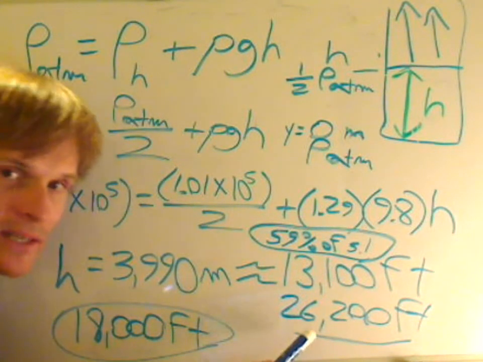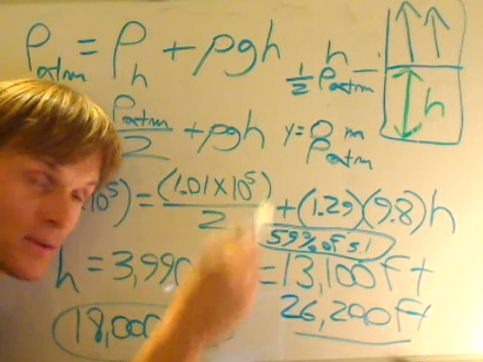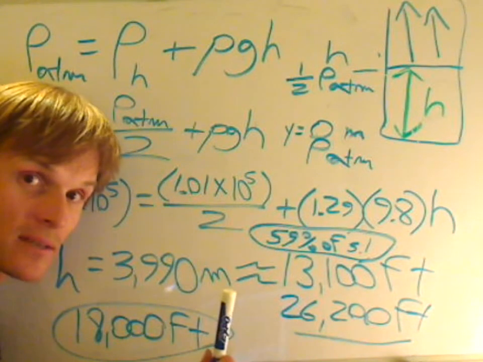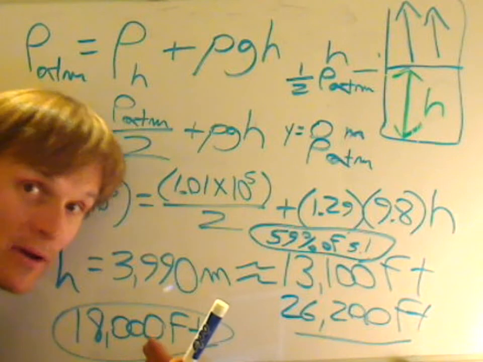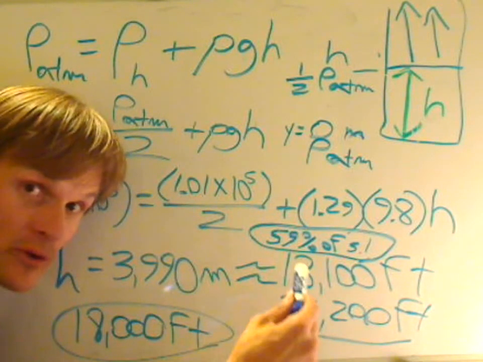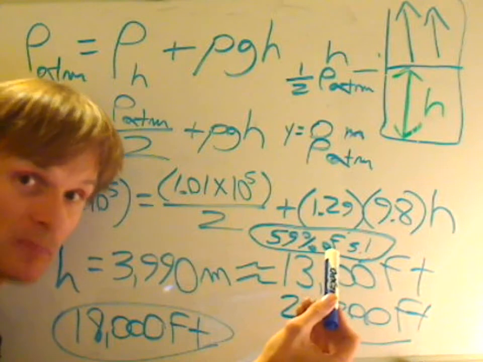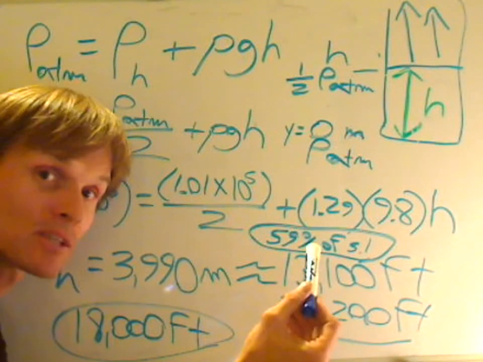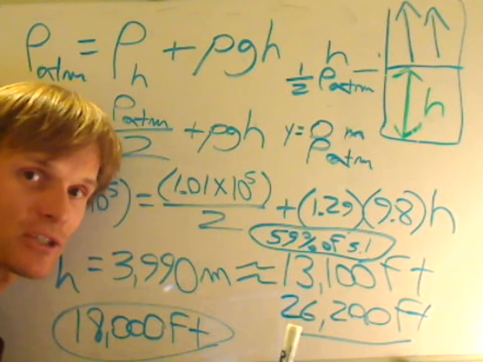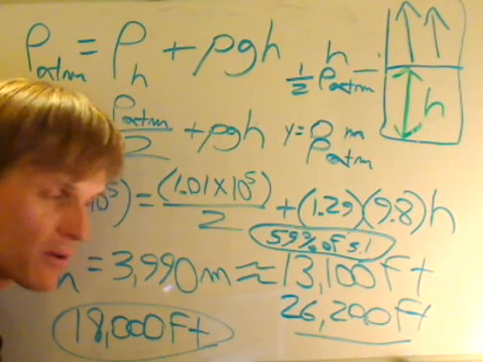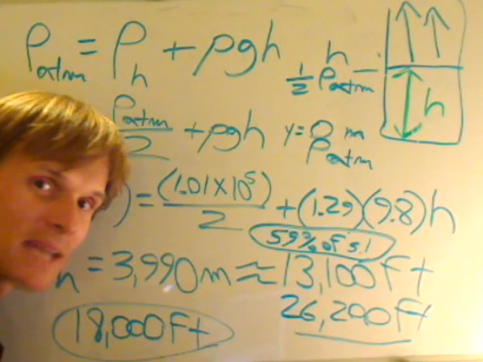In the model we adopted, with constant density with altitude, the atmosphere would end at 26,200 feet. That means the summit of Mount Everest, at about 30,000 feet, would be above the atmosphere, out in space basically, where there is no atmosphere. But we know there actually is atmosphere on Mount Everest. People climb Everest all the time. They survive.